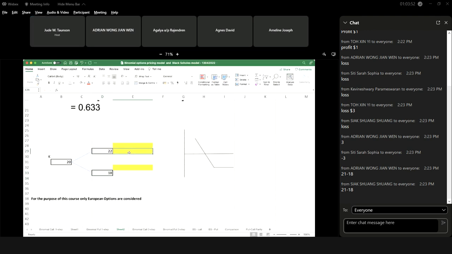We find u is equal to this amount minus yesterday, divided by yesterday.